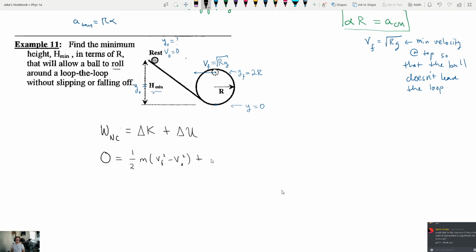Because it's rolling, it's also going to have rotational kinetic energy. And then we have to put in here the change in potential right here. Okay. So there's our equation.